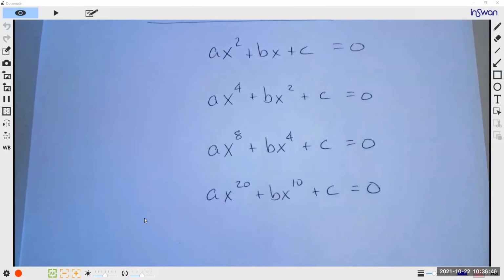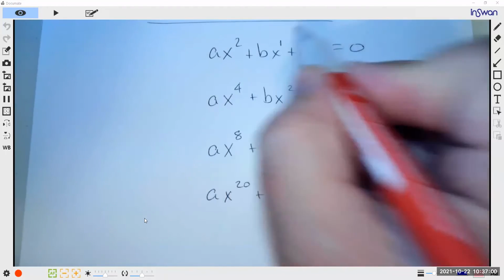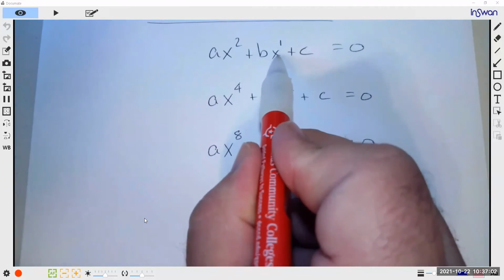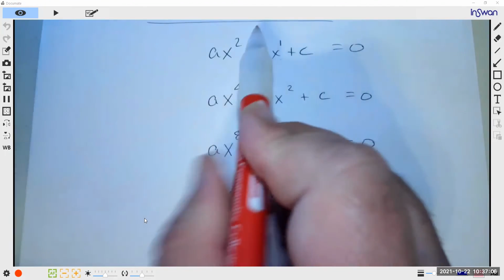Each of these equations, and there's a certain pattern that we're looking at here. Each of these equations are what we call quadratic in form. You notice, again, when we use the quadratic formula, we're solving for this one. It's x.